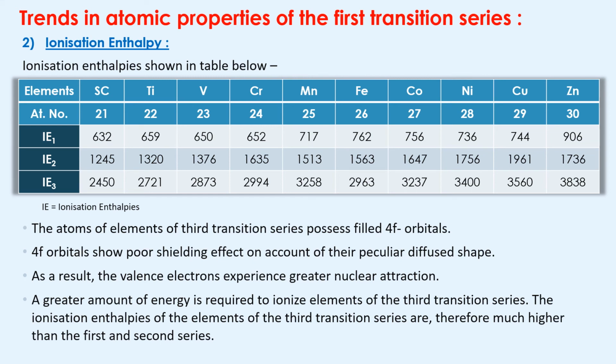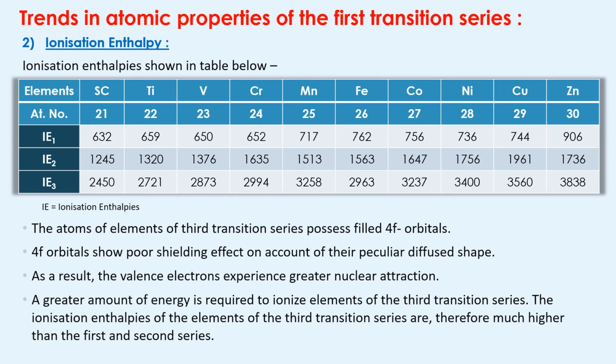See, in this table we just studied the ionization enthalpy for the first transition series, but when we move to the second or third transition series, what is our observation? The first transition series has ionization enthalpy lower than the second, and the second lower than the third. If you consider the third transition series, they have a filled 4f orbital.